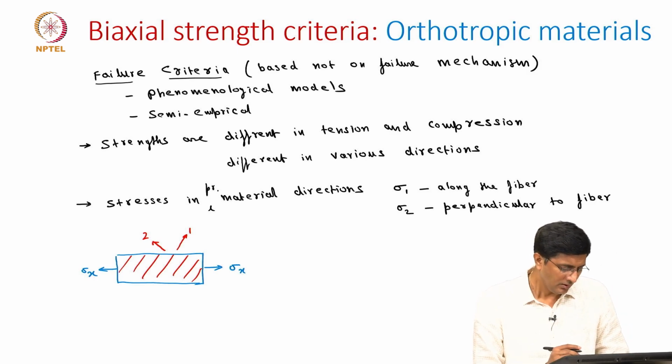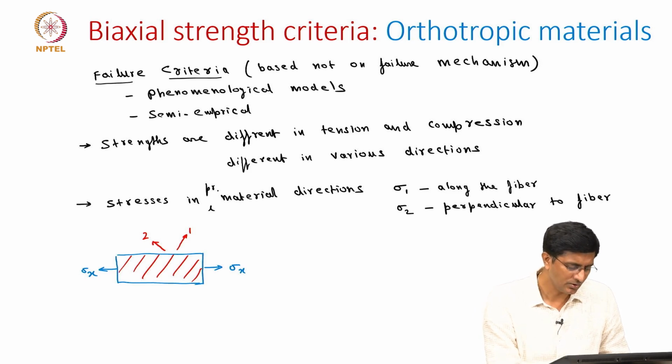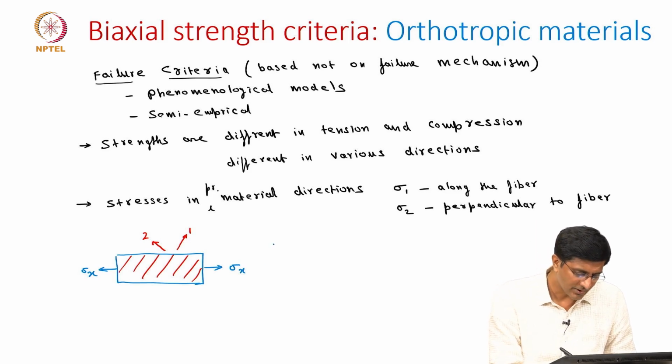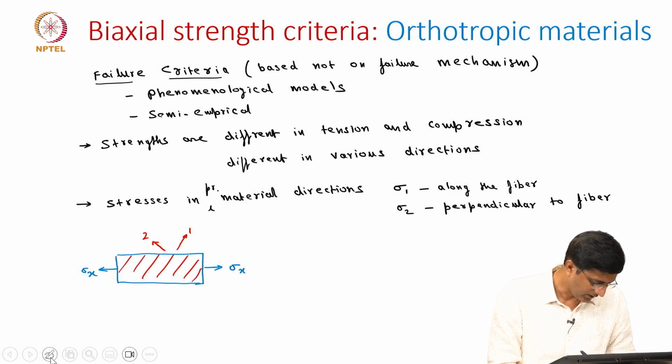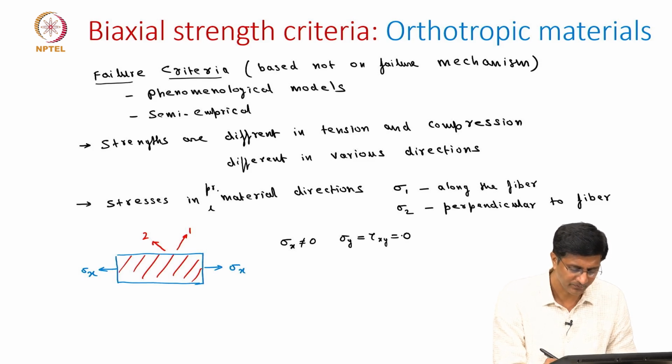Now let's see how we do the stress transformation, where we go from the body coordinate stresses to find the stresses in the material coordinates. So here the only stress applied is sigma x, and all other stresses are zero; sigma x is the non-zero value, and the other stresses like sigma y and tau xy are 0.